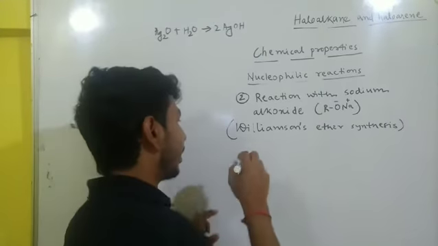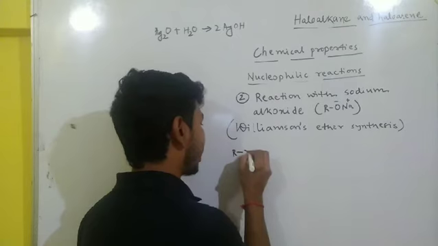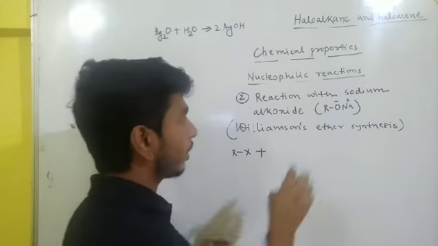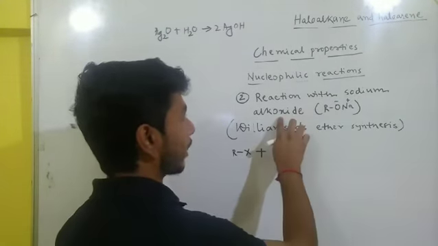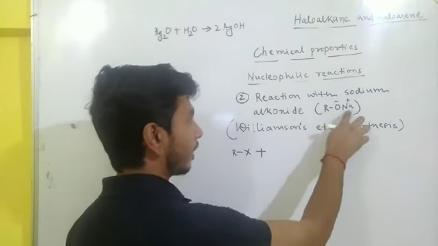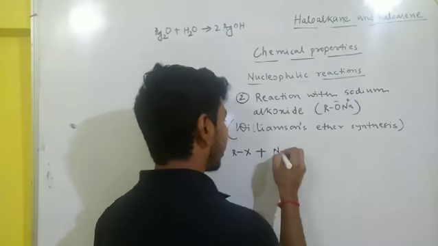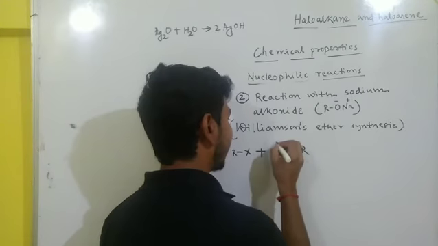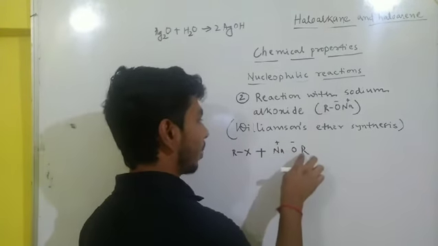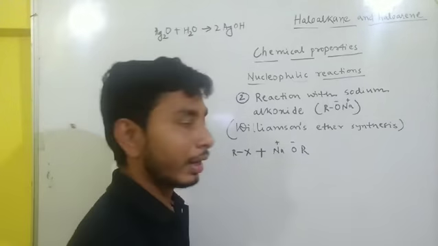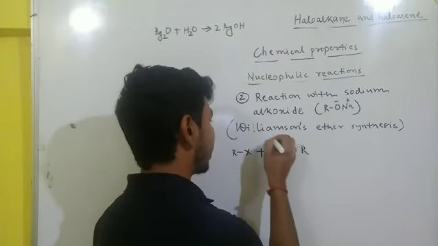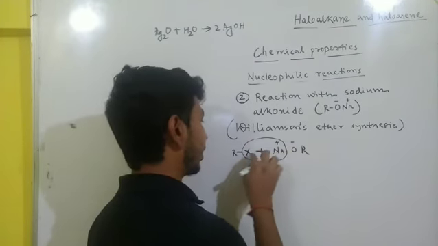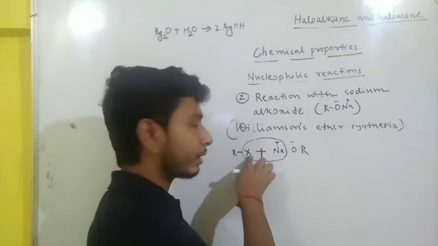So alkyl halide, RX, when reacted with sodium alkoxide, RONa, that is NaOR, O minus Na plus, called sodium alkoxide, the sodium halide is eliminated.